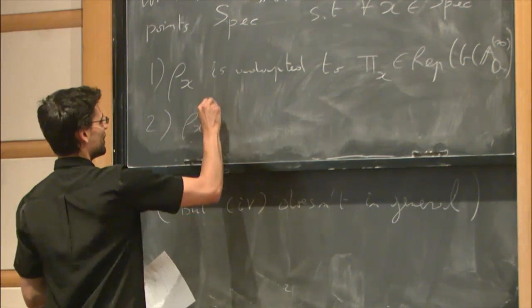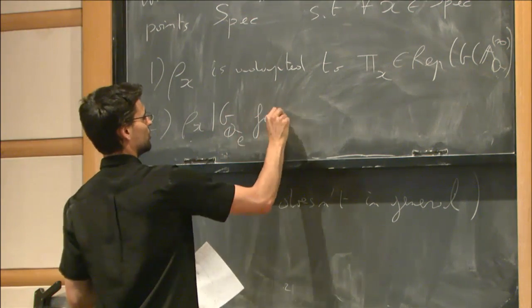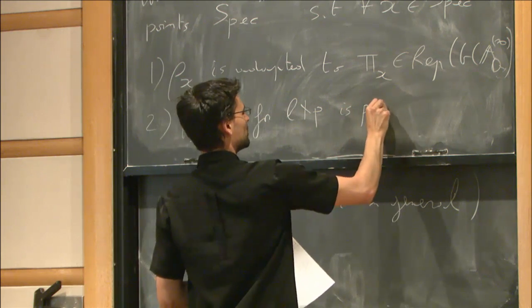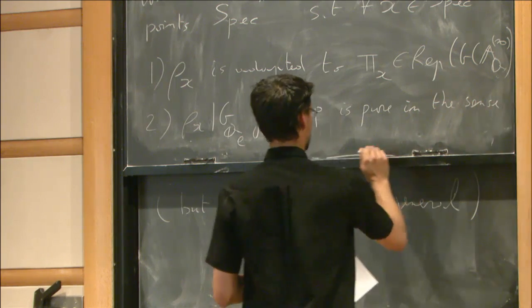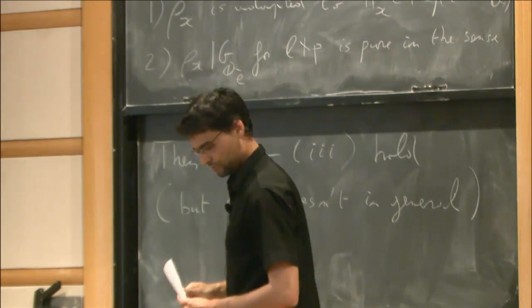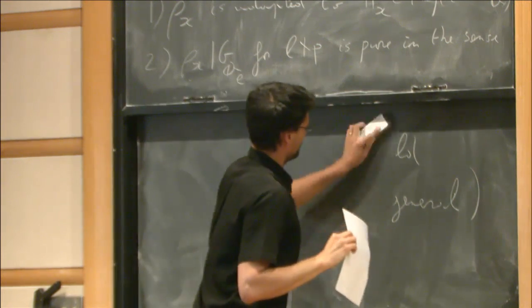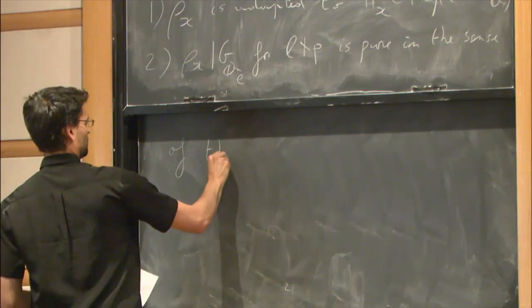And (2) if I restrict ρ_x to G_{Q_l}, the local Galois group for l different from p, then this is pure in the sense of the weight-monodromy conjecture.